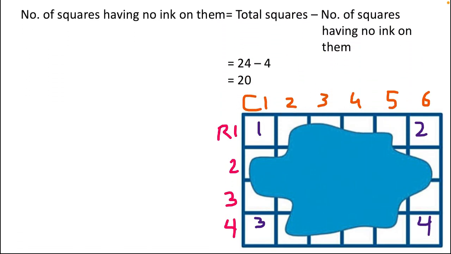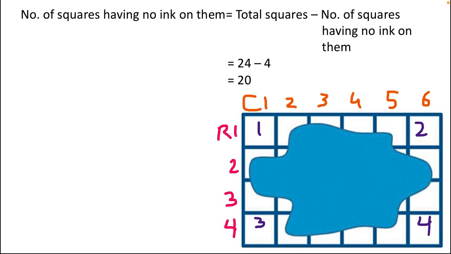Look at the formula at the top of the slide. Total number of squares, we are going to subtract the number of squares having no ink on them. So using that formula, 24 minus 4 is equal to 20.